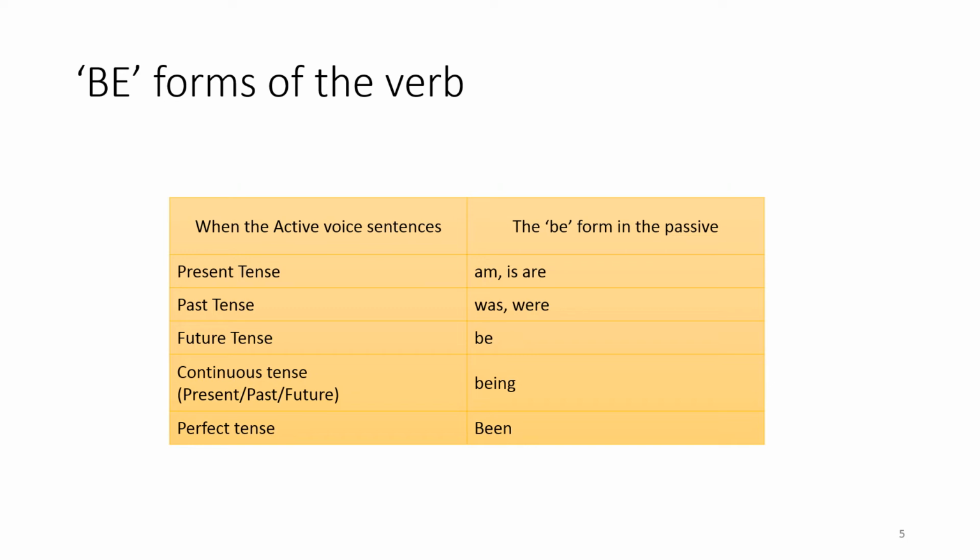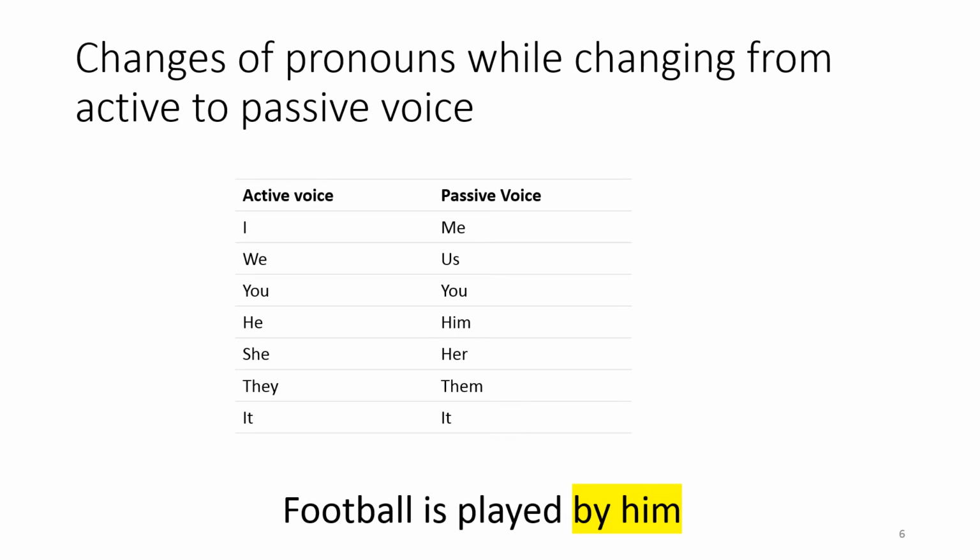Now let's see the other uses. If you see that example, football is played by him in the passive form, while the active form was he plays football. When changing the subject to the object in the passive form, in this case he has been replaced by him.